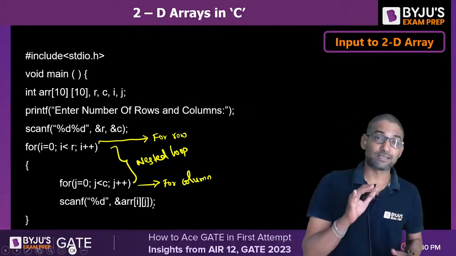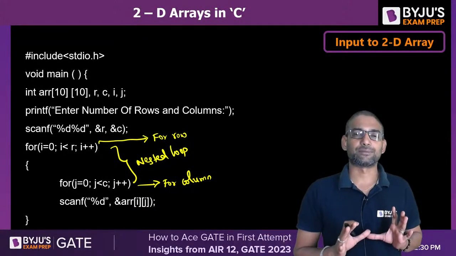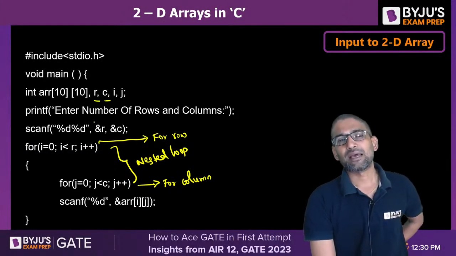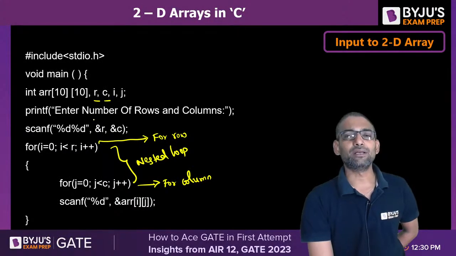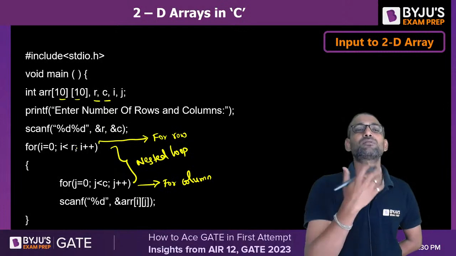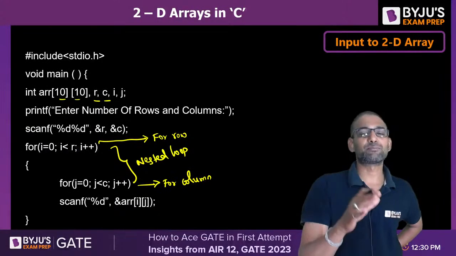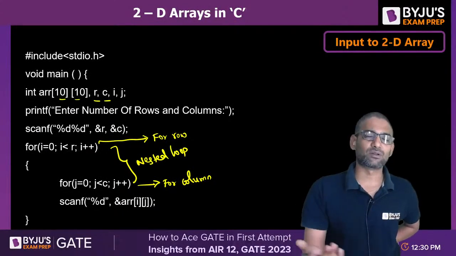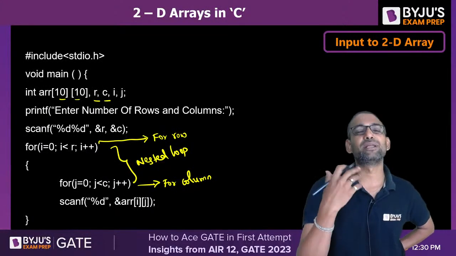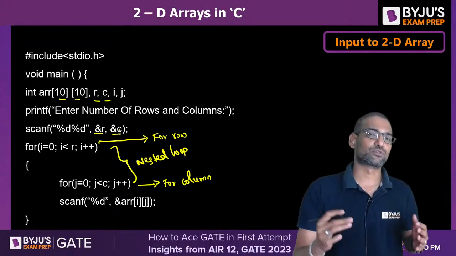So please understand, this is the easy method to understand. I am first asking how many rows and how many columns. As the compiler will not allow me to leave these subscripts empty, I have given 10 rows, 10 columns for the safe side. But the user can pick 2 rows, 3 columns, 5 rows, 7 columns, up to the user. So I am asking the user how many rows and how many columns. So the user enters and I am taking that input at runtime through scanf.